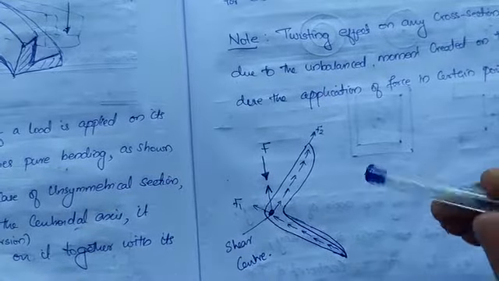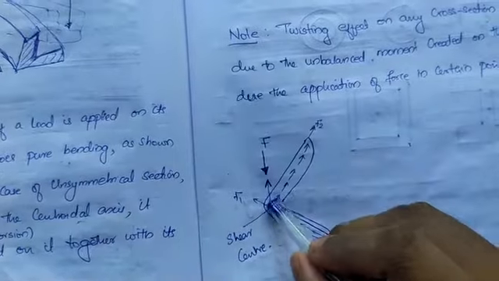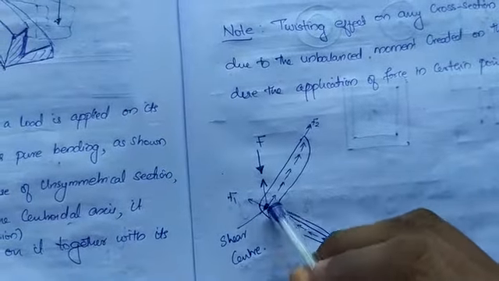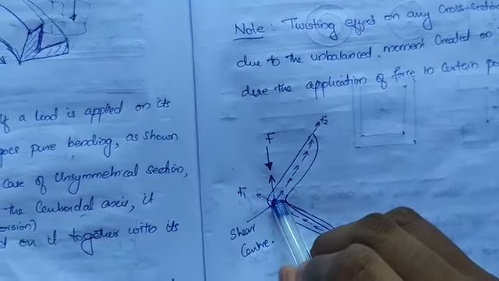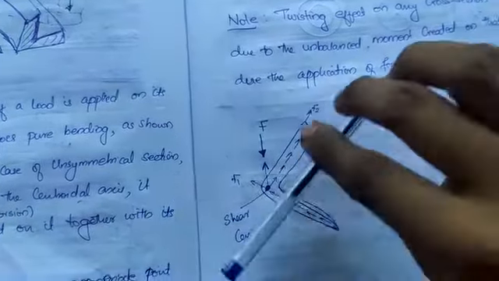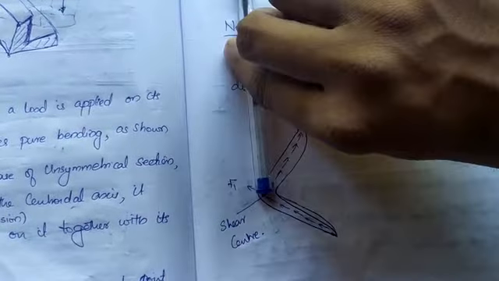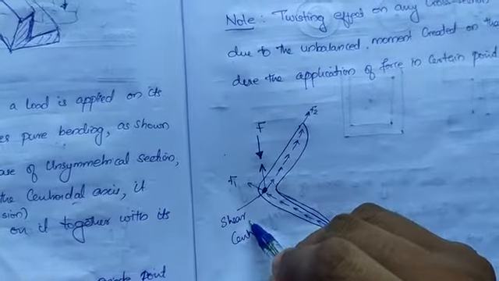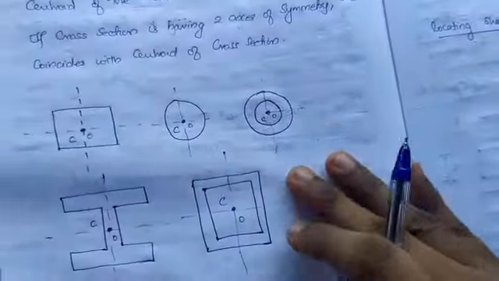So in order to avoid that twisting, at this point you are applying a load such that the total loads are balanced and there is no twisting. There will be forces along this direction and forces along this direction, but these forces are applied at this point, and this point is called the shear center for this particular section. Now we will see one more thing.